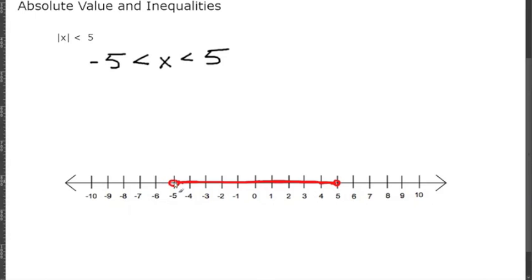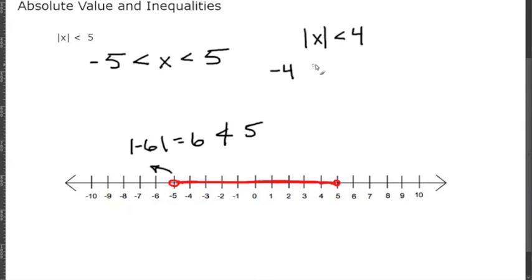If we went past that 5, we would get the absolute value of -6, which is +6, and 6 is not less than 5. So if I gave you the absolute value of x is less than 4, you could rewrite that as -4 is less than x, which is less than 4, and you can drop the absolute value sign.